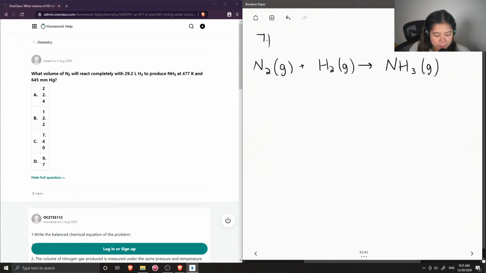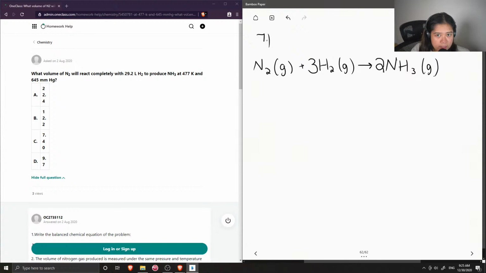Okay, so now let's balance the reaction. You'll see that we have 2 nitrogens on our reactant side, so I'm going to put a coefficient of 2 in front of NH3. So now we have 6 hydrogens on our product side, so I just need to put a coefficient of 3 in front of my hydrogen.